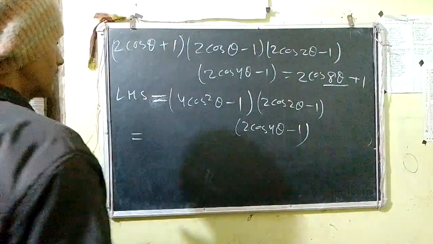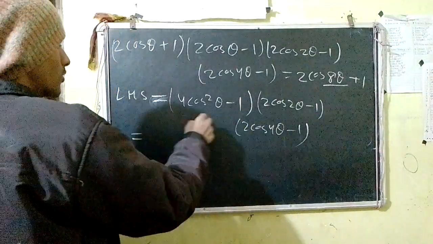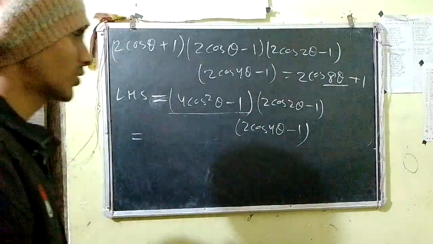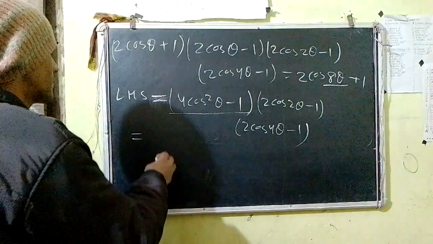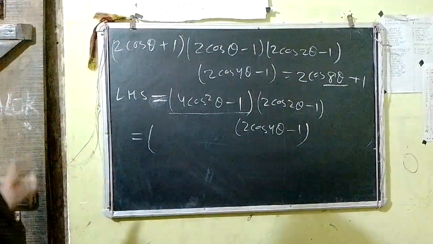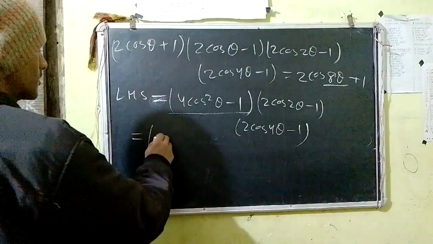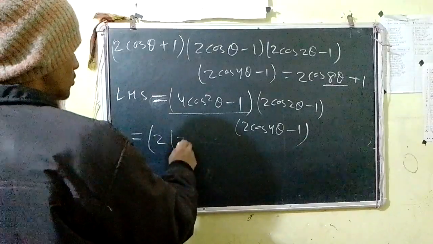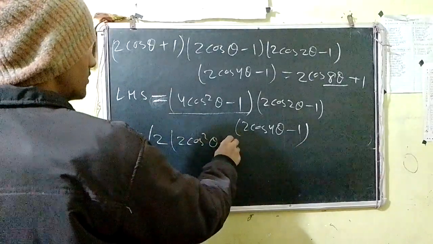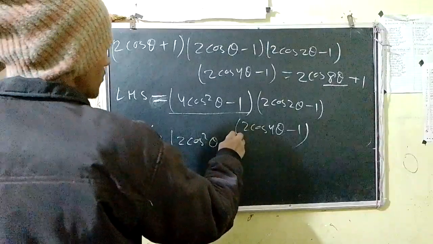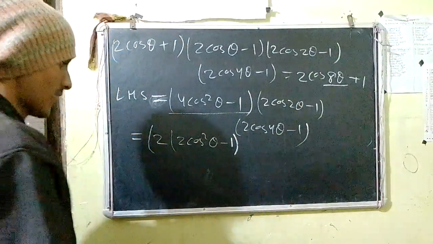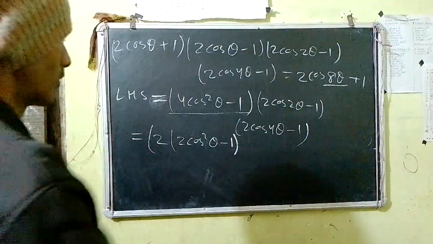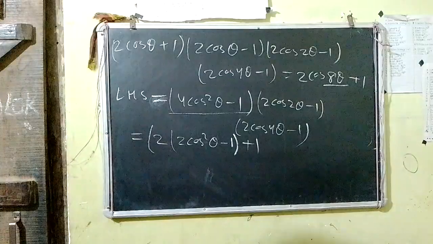Now this looks familiar. What does it look familiar to? 2 cosine squared theta minus 1. It looks quite the same as that, but not equal to that. So we're going to make this look like that. We take 2 common, so it will be 2 cosine squared theta, and this is going to be minus half, but I'm going to write minus 1 forcefully. Then this becomes minus 2 instead of minus 1, so why not add 1?